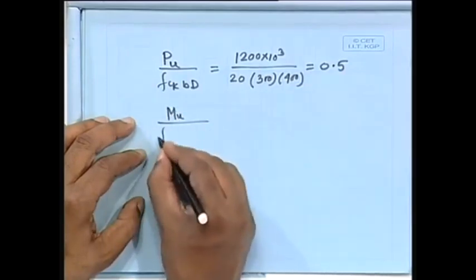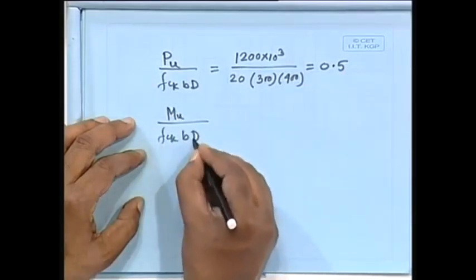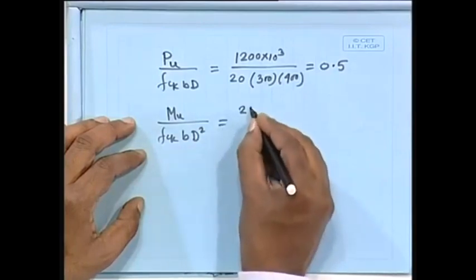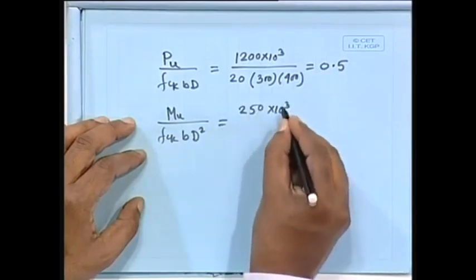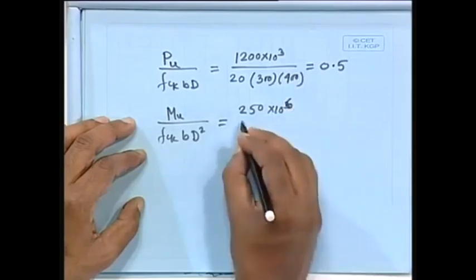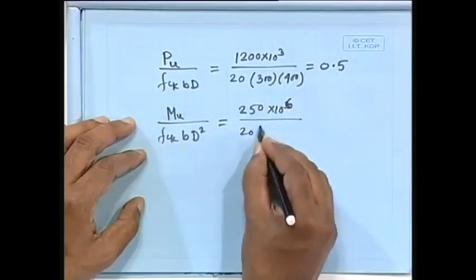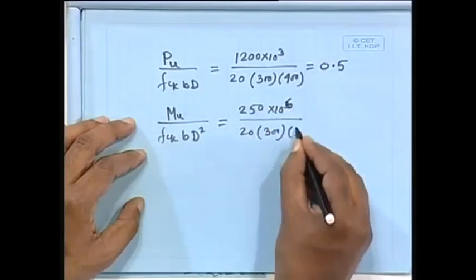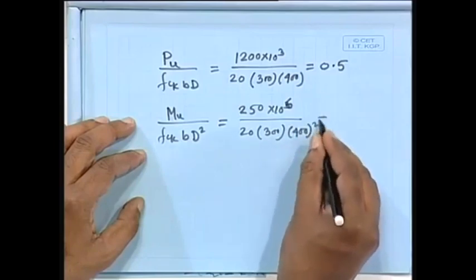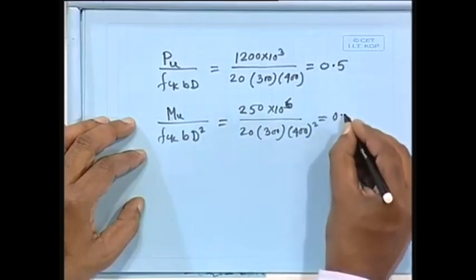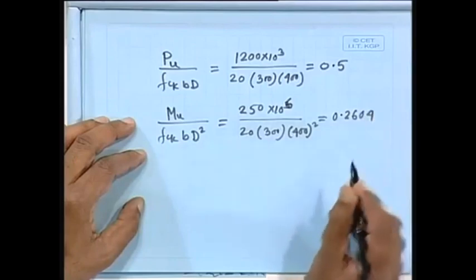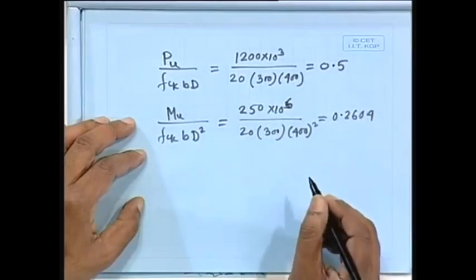Mu by fck bD square equal to 250 times 10 to the power 6 divided by 20 times 300 times 400 square, which comes as 0.2604 or 0.26 simply we can take it.